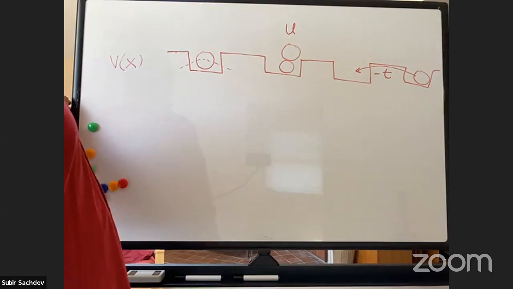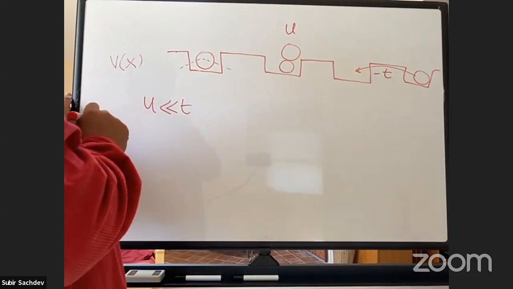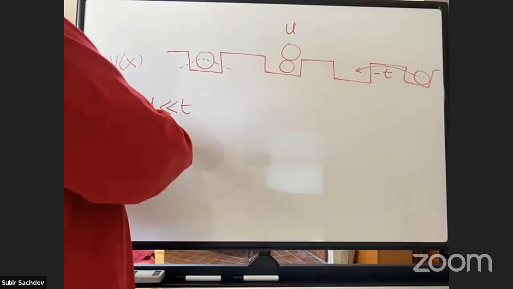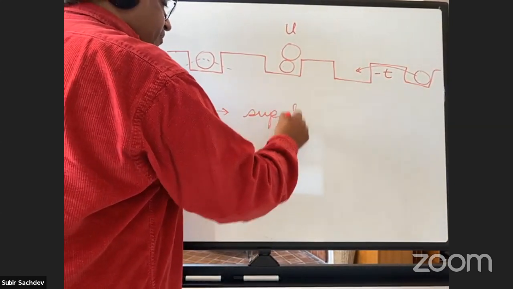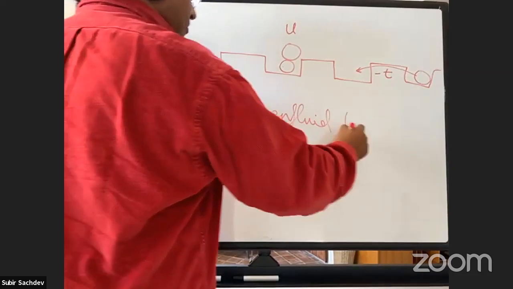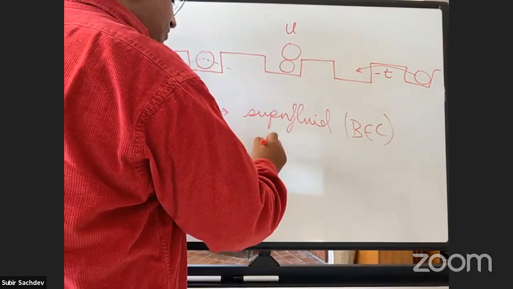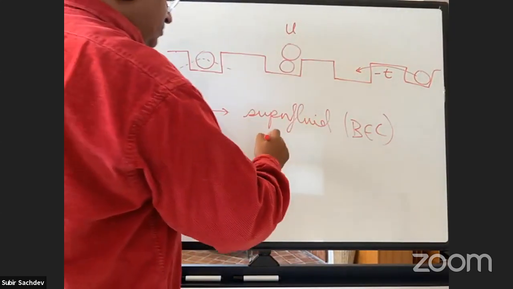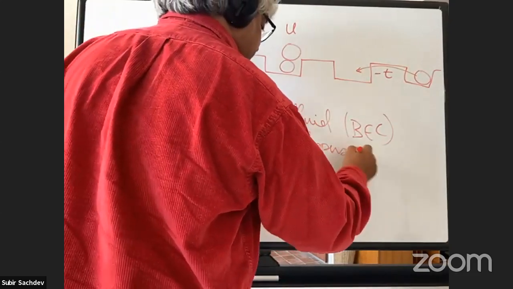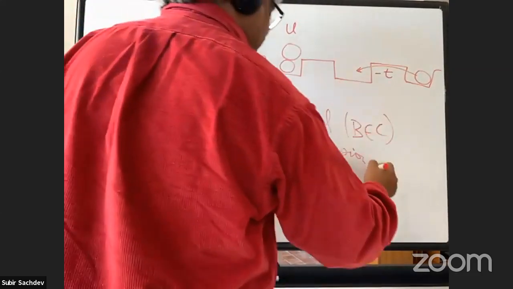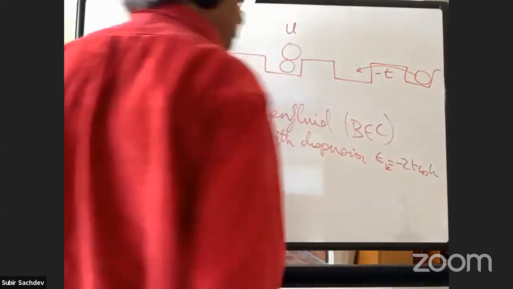So what do you expect in different limits? For weak interaction, where U is the energy for putting two bosons on one site, for U much, much smaller than T, what you should get is a superfluid, or BEC. Not in free space, but with some dispersion in the lattice, from the hopping matrix element T, E_k, which will be something like minus 2T cosine k in 1D.